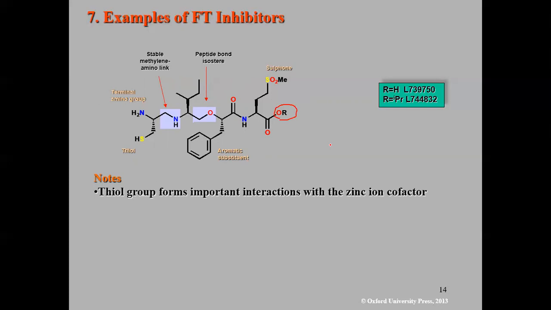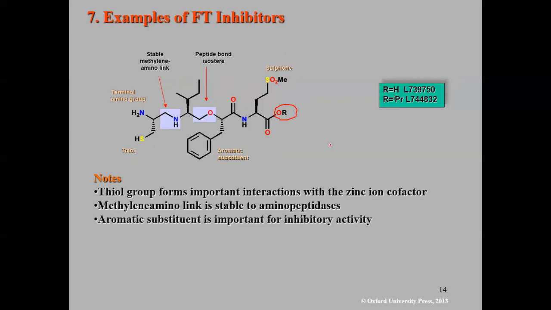The thiol group forms important interactions with zinc ion cofactor, as we said. The methylene amino link is stable to aminopeptidases, and now you know that. The aromatic substituent is important for inhibitory activity because it resembles the phenylalanine, and the methylene oxy group acts as the peptide bond isostere. This is the methylene oxy, which is really just an ether.